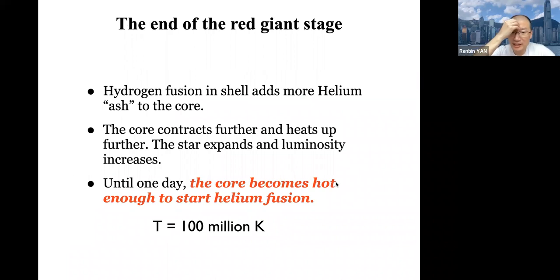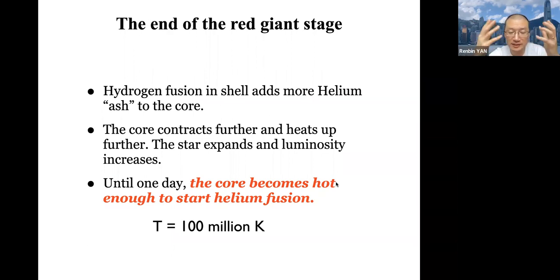So at the end of the red giant stage, the hydrogen fusion in a shell just continues to pile more and more helium ash onto the core. So the core contracts further and heats up further.